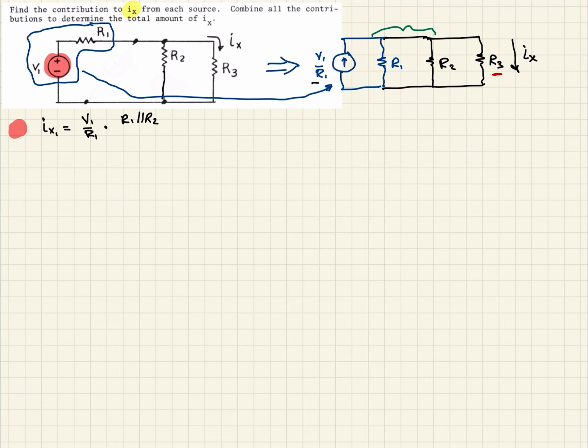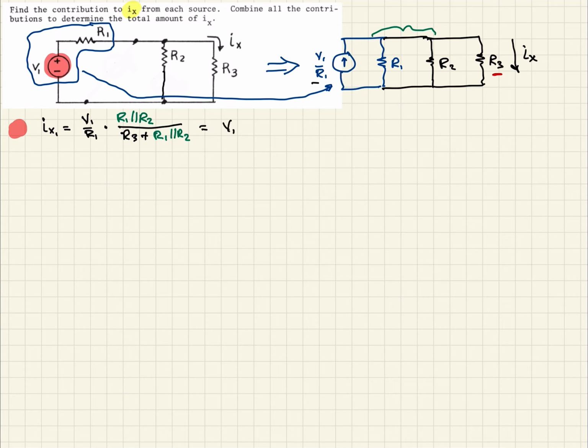Remember, actually, let me write that with the green so that we can all remember. So R1 in parallel with R2, and then that's going to be over R3 plus, again, the branches that we're not interested in, R2. So now we can expand this and write this out, combine terms.